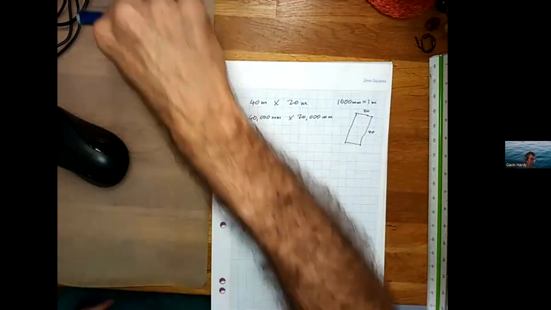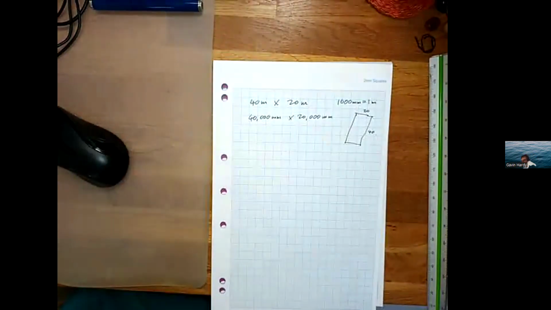Okay, so the next thing to do is to have a look at our A3 sheet. Now, an A3 sheet is 42 centimeters or 420 millimeters by about 30 centimeters or 300 millimeters.